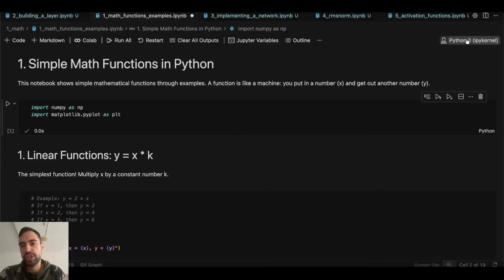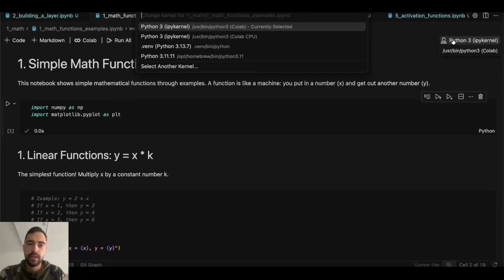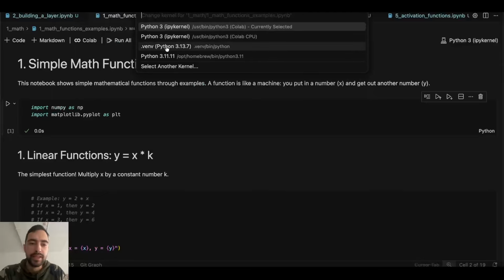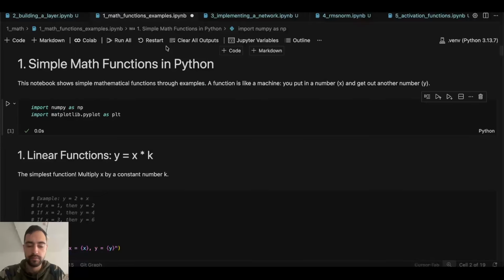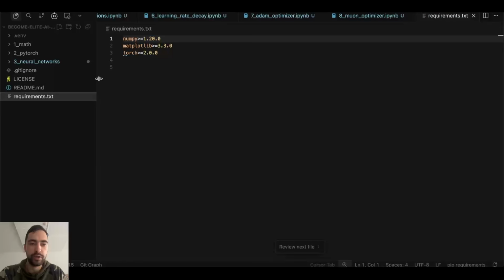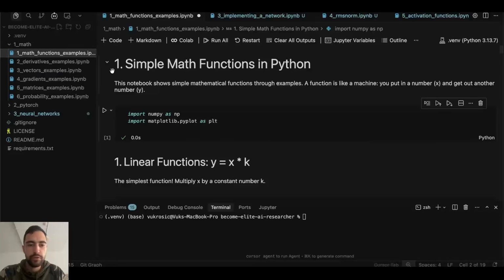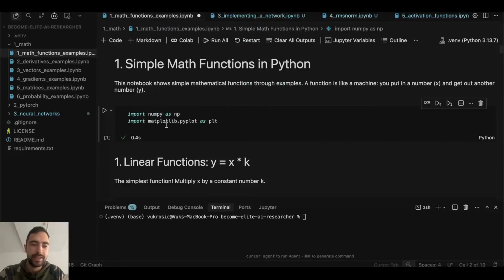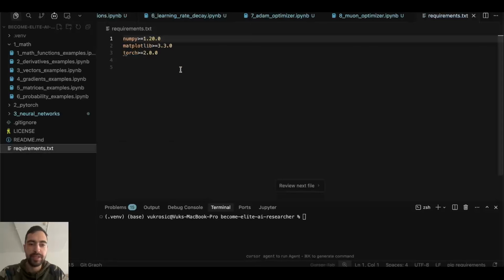Depending on which kernel you are running here, if it's Google Colab, it will have NumPy and Matplotlib pre-installed. But you may also want to create your own environment. This is something you would learn how to do on YouTube or from ChatGPT, and you need to install these requirements. If you try to run this but get an error like NumPy or np is not defined, then you don't have these requirements installed.